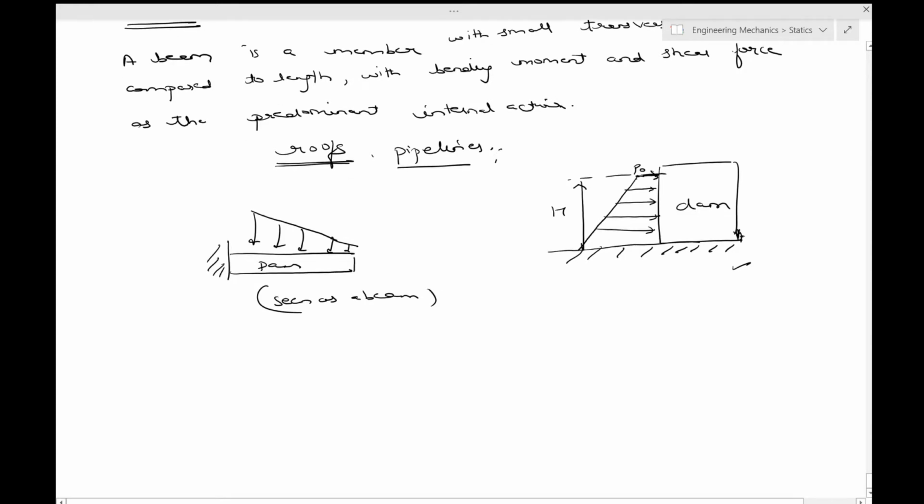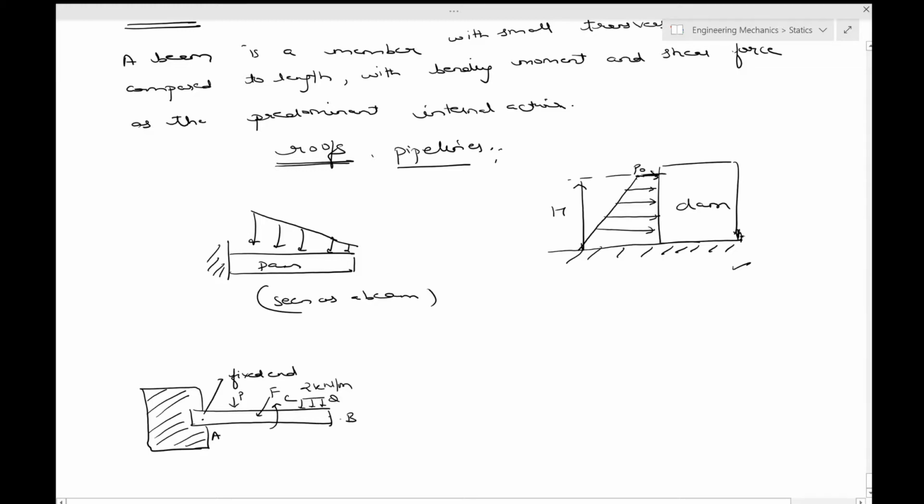So one, for example, you will have this fixed end, then this is a uniform loading, say 2 kilonewtons per meter, and this intensity is Q, and this is the free end.